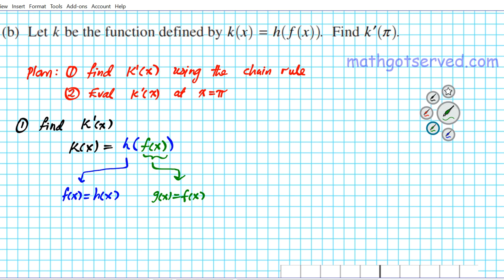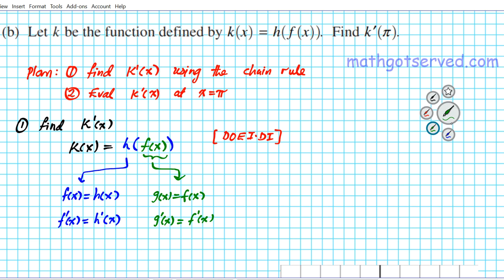We're going to be using DOED here to differentiate our composite function. This is the chain rule: derivative of the outer evaluated at the inner times derivative of the inner. So in order to DOED this problem, we need to differentiate both sides. So f prime of x is equal to h prime of x, and then g prime of x. The derivative of the inner is equal to f prime of x.